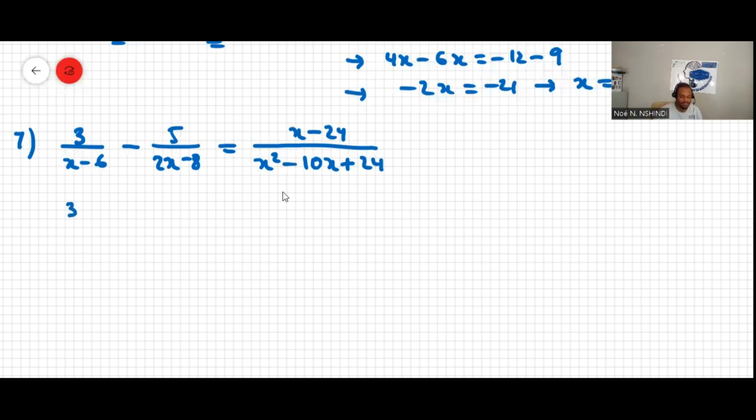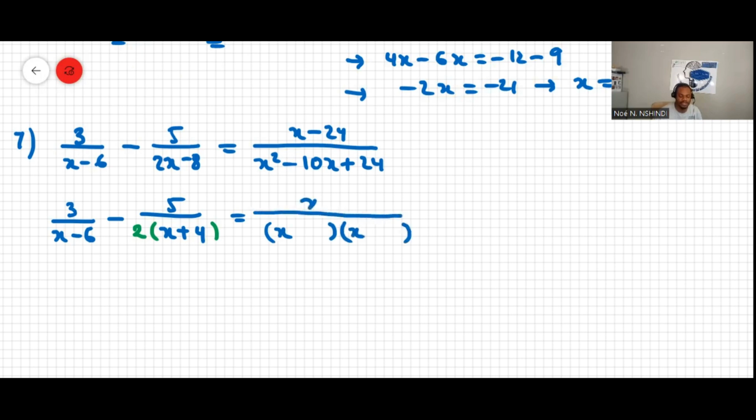That makes 3 over x minus 6 minus, at the denominator we can take 2 out as a common factor. That will be 5 under 2 times x plus 4. And then over there, it's a quadratic trinomial, so we can take x out like that. And then there, it's x minus 24. And then factors of 24, I can write it over here.